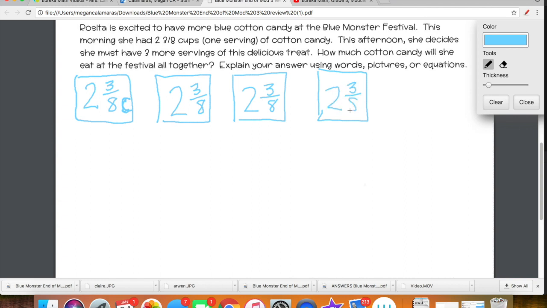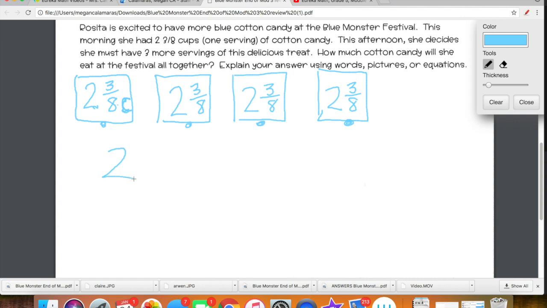So over the course of the entire day, she ate 1, 2, 3, 4 servings of cotton candy. Within each serving, we find 2 3/8 of a cup of cotton candy. We need to figure out how much cotton candy she will eat all day.